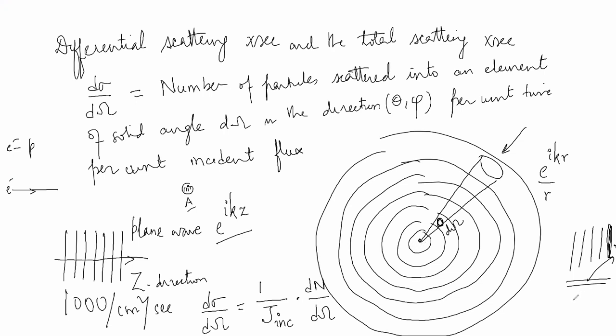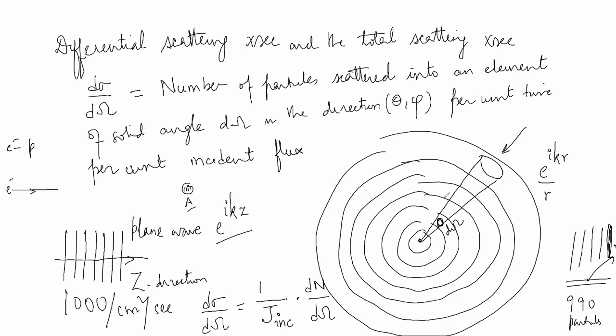Say 990 particles you are measuring here, then that means you have lost 10 particles. Where have those 10 particles gone? Those 10 particles have got scattered.